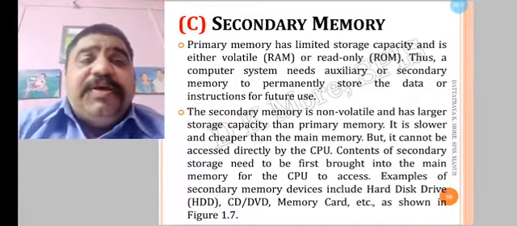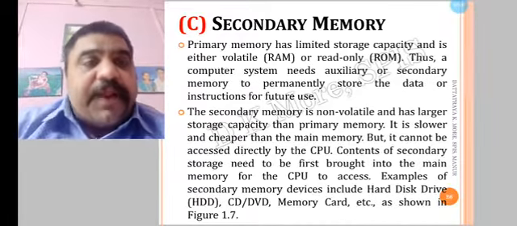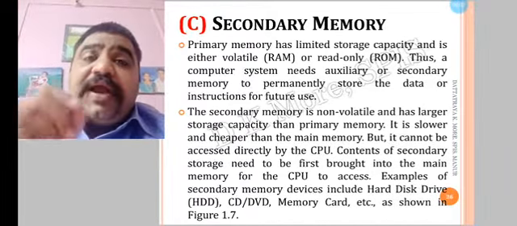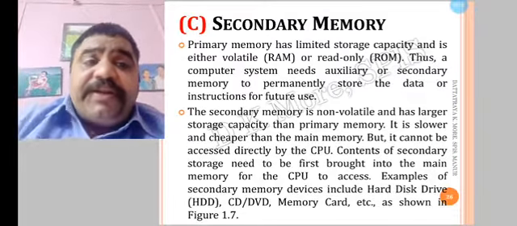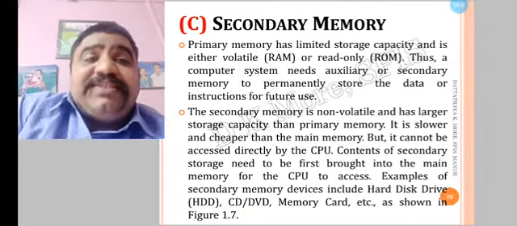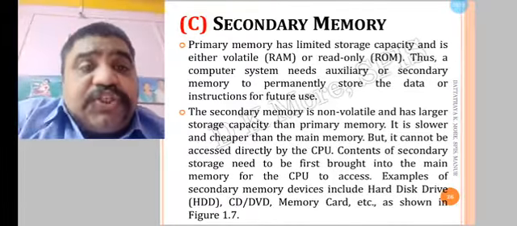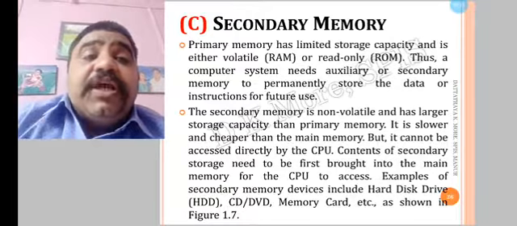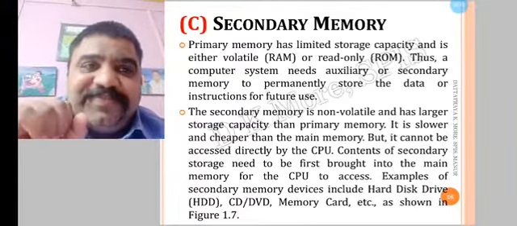The secondary memory is non-volatile and has larger storage capacity than primary memory. It is slower and cheaper than main memory, but it cannot be accessed directly by the CPU. Contents of secondary storage need to be first brought into the main memory for the CPU to access.